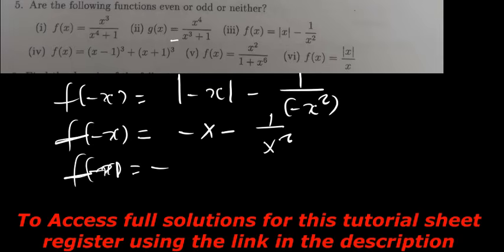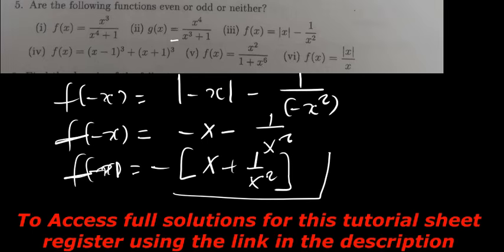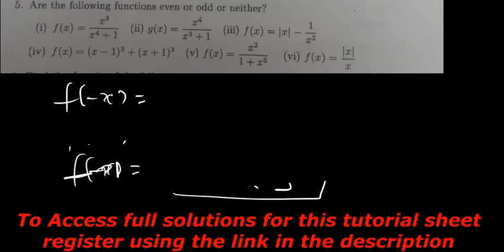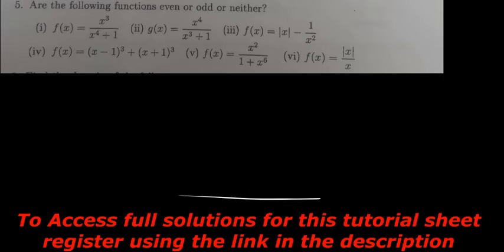If I factor out negative, it will be x plus 1 over this. Quite okay, there is negative, but the one in the brackets, is it giving us the original function? No, because here there is negative, but here there is positive. It would have been neither. But because there is modulus, that's why we have considered it as an even function.